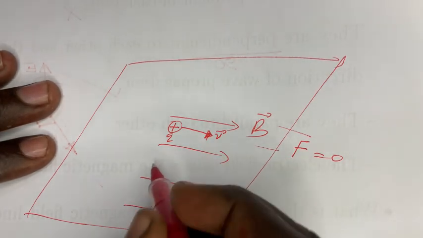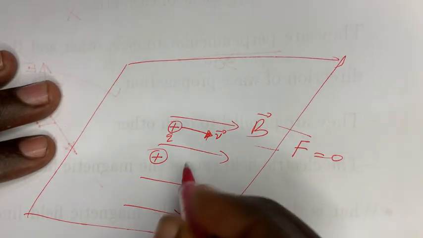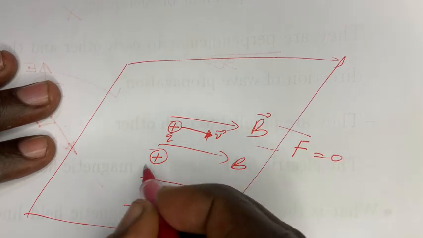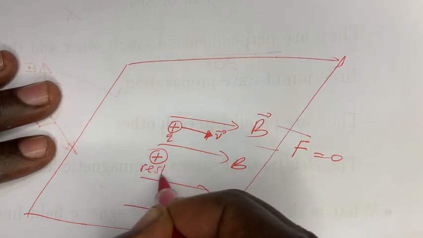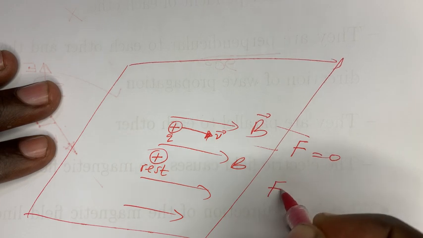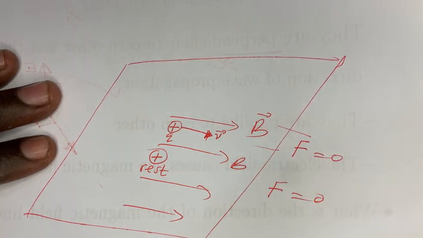If again I bring the charge into the field, but the charge is at rest, stationary, not moving, again there is no magnetic force on my charge.